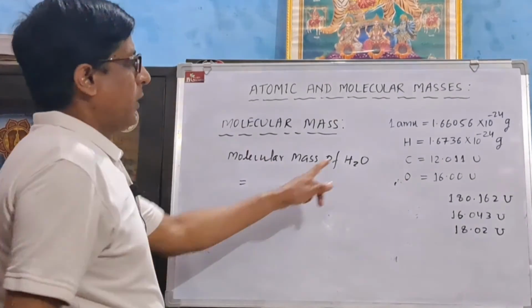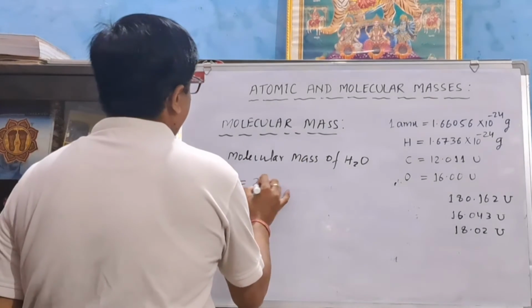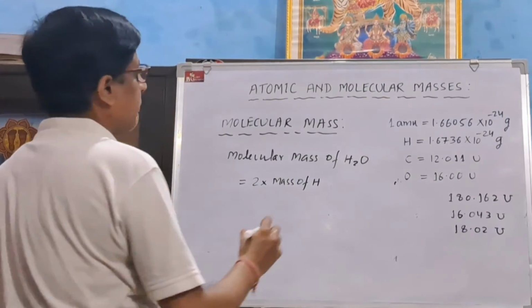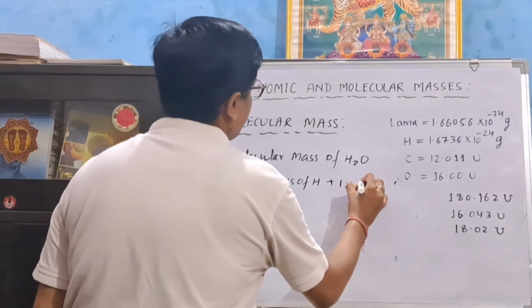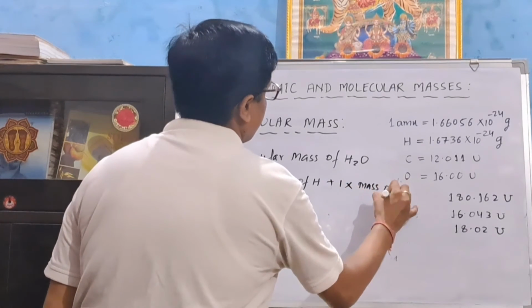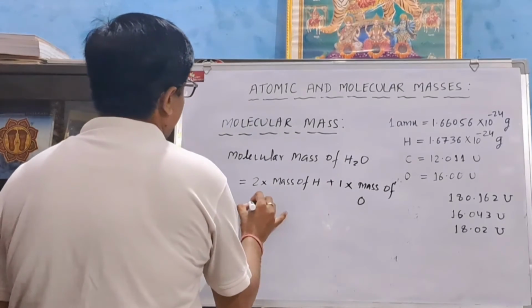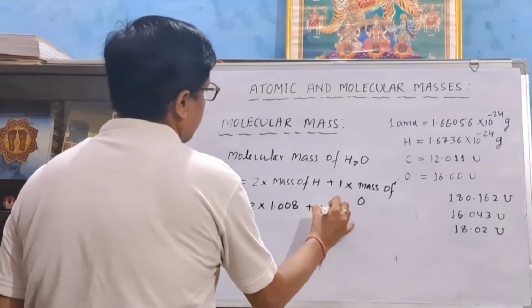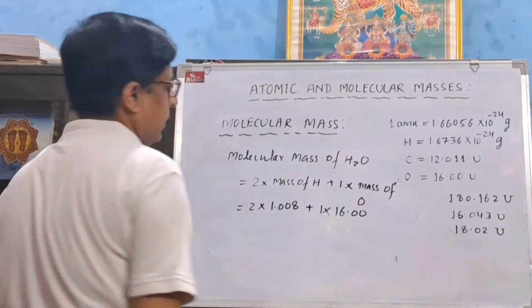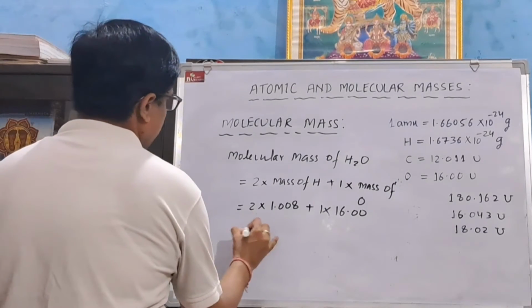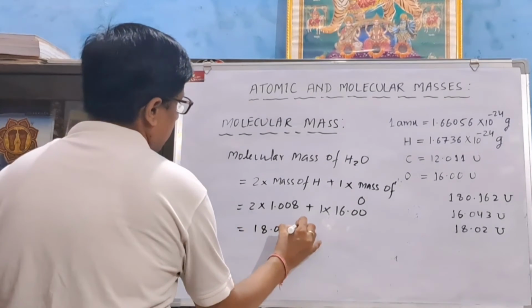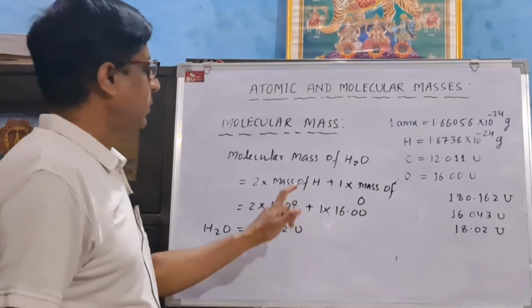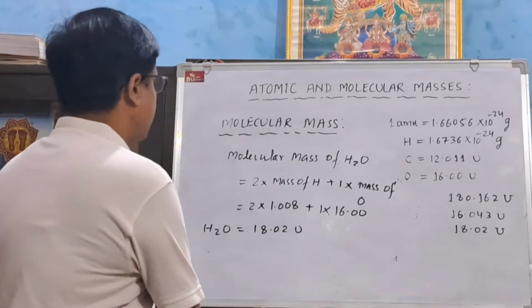Here, two hydrogen atoms are present, therefore 2 × the atomic mass of hydrogen, plus 1 × the atomic mass of oxygen. 2 × 1.008 plus 1 × 16.00 u, unified mass, comes out to be 18.02 u. Therefore, the molecular mass of the water molecule is 18.02 u, or unified mass.